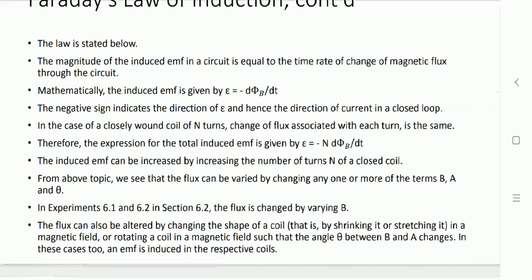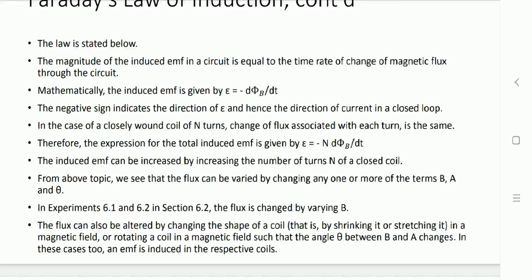If we take a closely wound coil which has N number of turns, flux is generated in each turn. So the flux is varying in each turn.